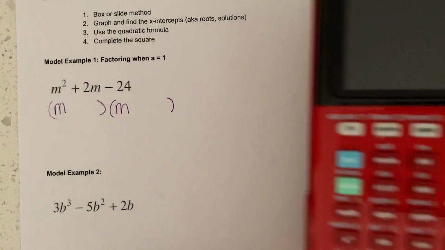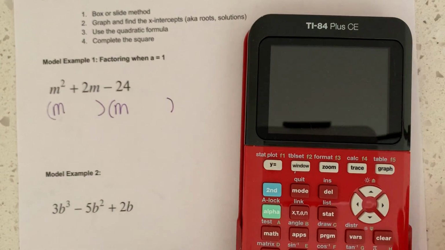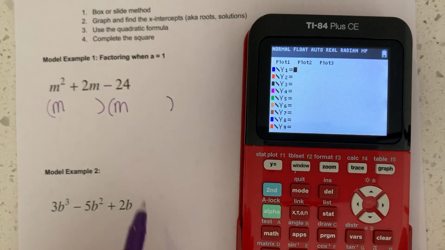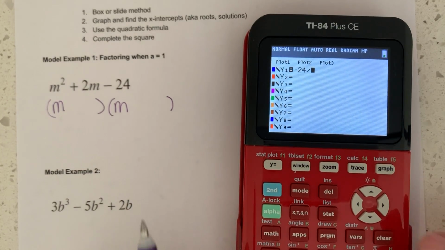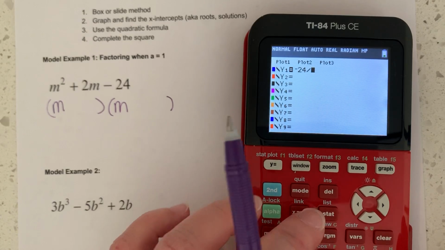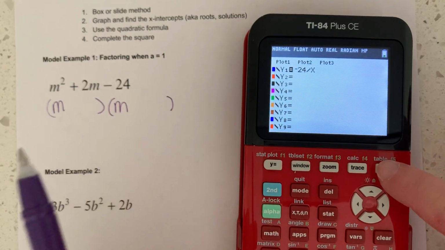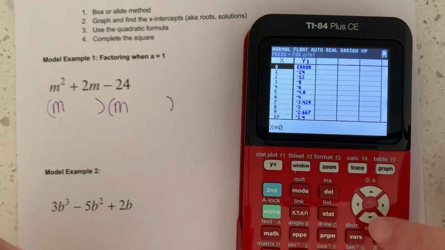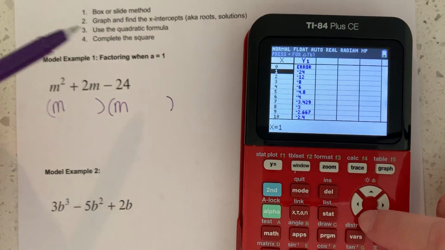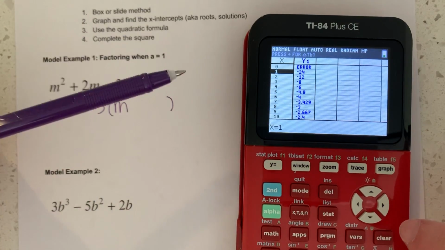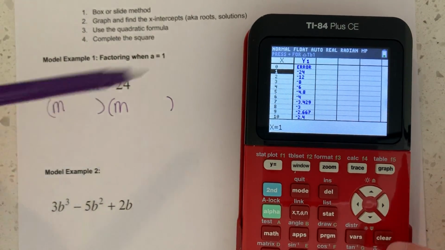Well, remember that on a calculator, and I finally did get one, yay, we can go to y equals, type our last number in, negative 24, divided by x, and we can go to the table, which is second graph, and we can find all of the factors of negative 24, and you just want the ones that add to be a positive 2.